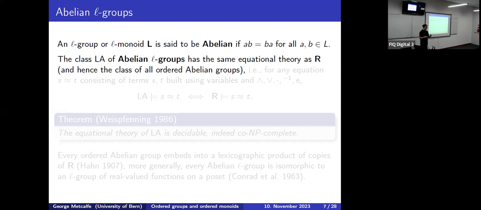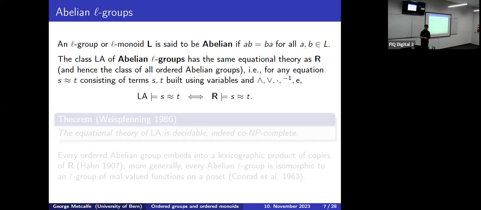It's well known, as I mentioned earlier, that this has the same equational theory as the ordered group of real numbers, which just means if I look at an equation S equals T, where S and T are built using the operations of the group and some variables, then this equation holds in all abelian L groups if and only if it holds in R.